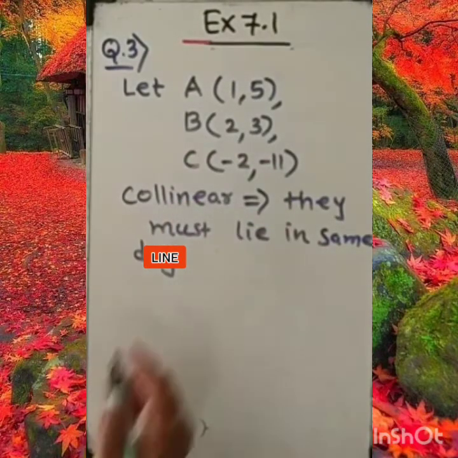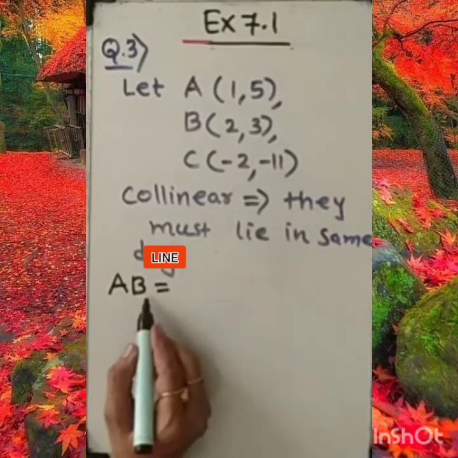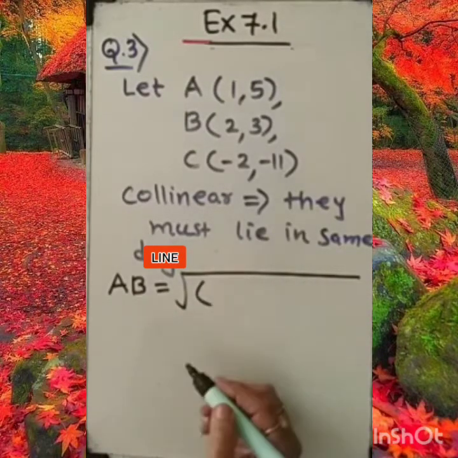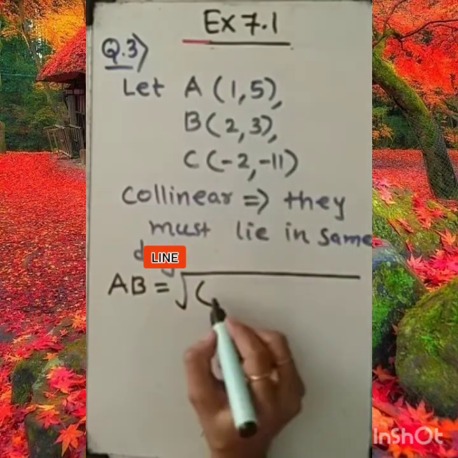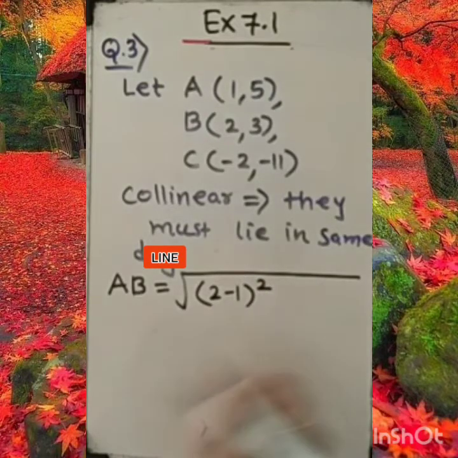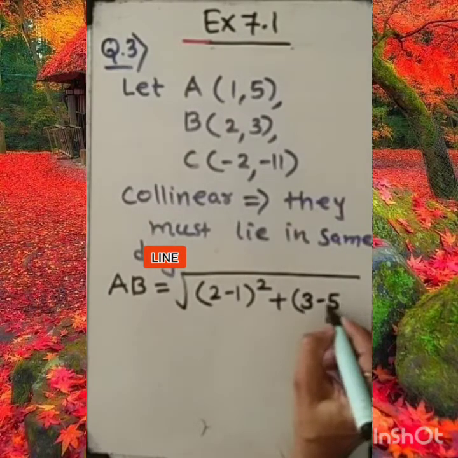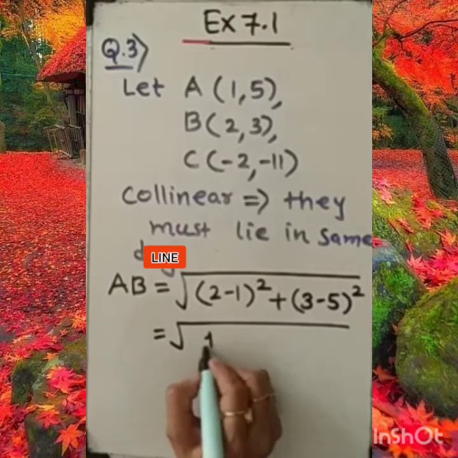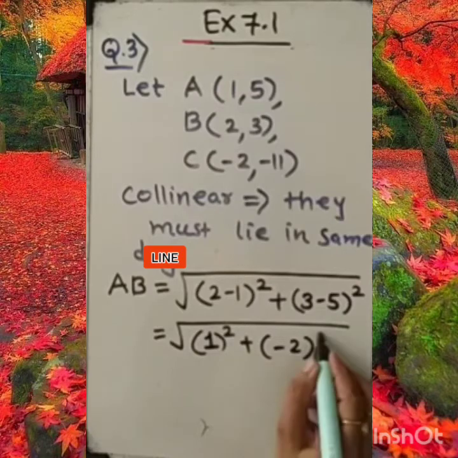So first of all, I am finding the distance between A and B points. Let's apply the distance formula for that. You know very well x2 minus x1. Now you are habitual of writing it directly: square root of 2 minus 1 whole square plus 3 minus 5 whole square. So under root, 2 minus 1 is 1 square, and of course 3 minus 5 is minus 2 square.